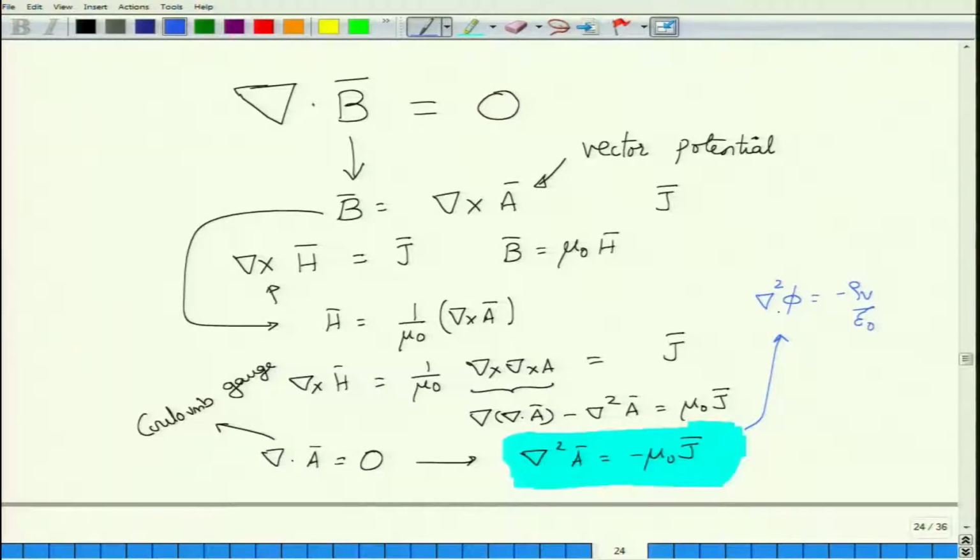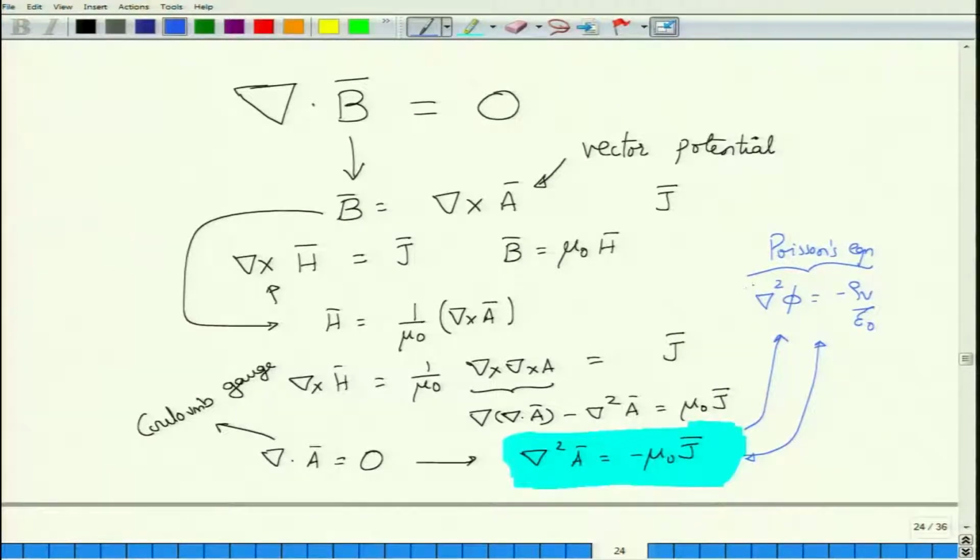This equation was called Poisson's equation, right. So, del square A equals minus mu naught J is exactly similar, except that you now have a vector on both sides, and in place of 1 by epsilon naught you have mu naught. The minus sign is also the same, and we also know how to solve this equation, right.